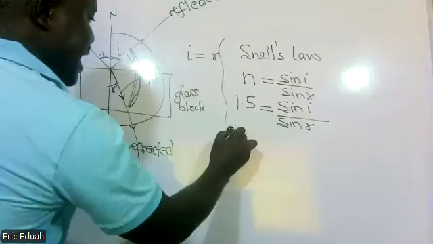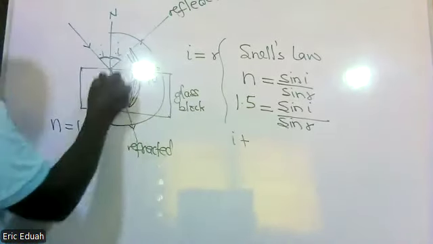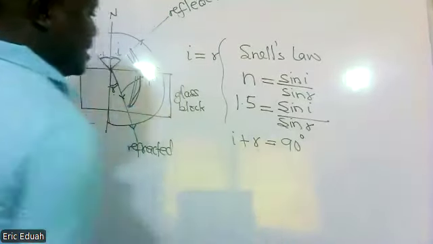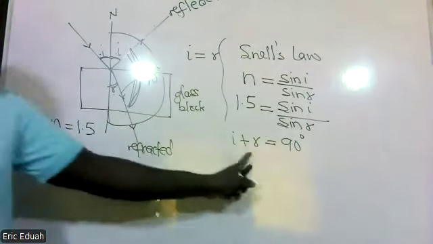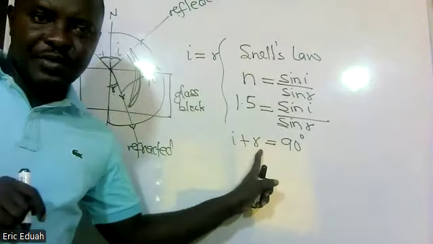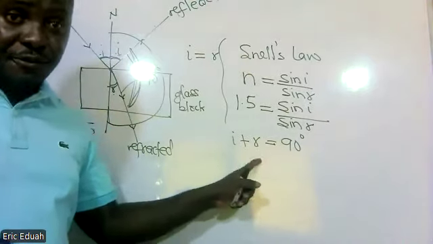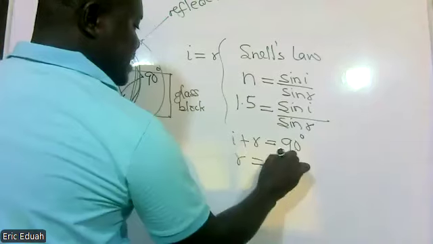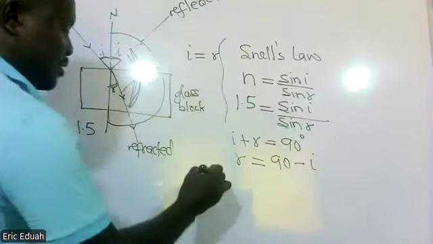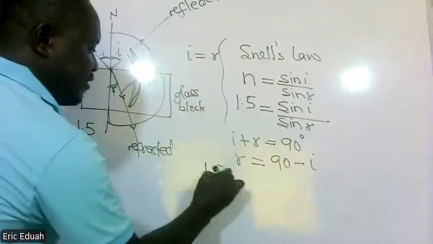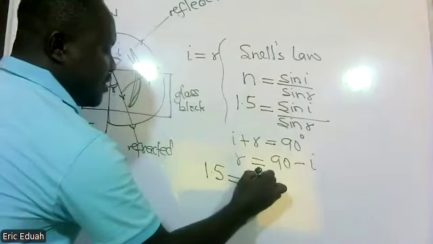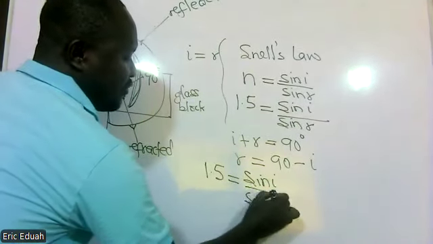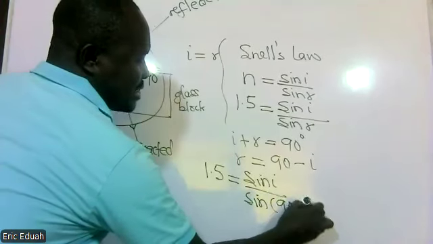Because I plus R must also be 90 degrees, then out of this, we can find the relation for R, or make R the subject. And we have 90 minus I. So 1.5 is equal to sine of I over sine of 90 minus I.